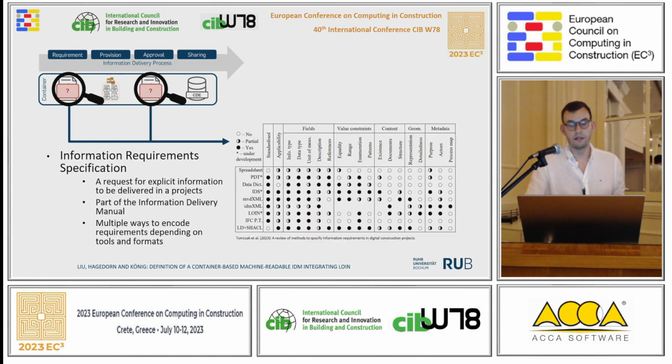Last year at the ECCPM conference, there was this work by Artur Tomczak and others that had a deeper look into all the possibilities for defining information requirements in BIM projects. And one output of their research was this table that you can see here.